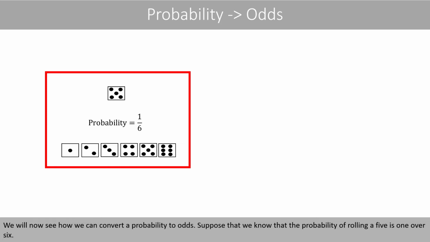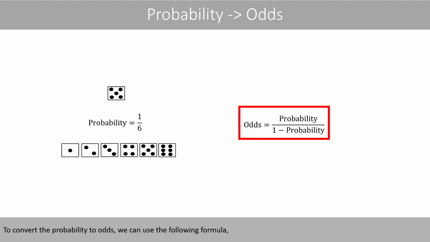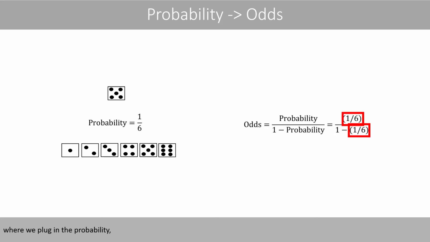Suppose that we know that the probability of rolling a 5 is 1 over 6. To convert the probability to odds, we can use the following formula, where we plug in the probability and do the math. An odds of 0.2 corresponds to an odds of 1 over 5.